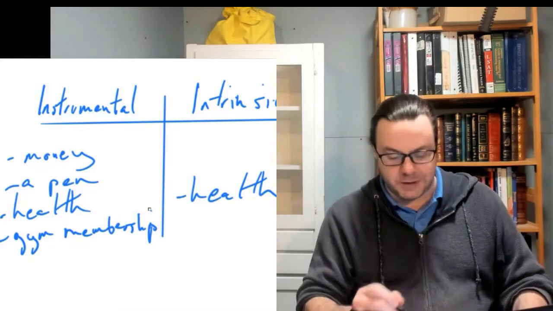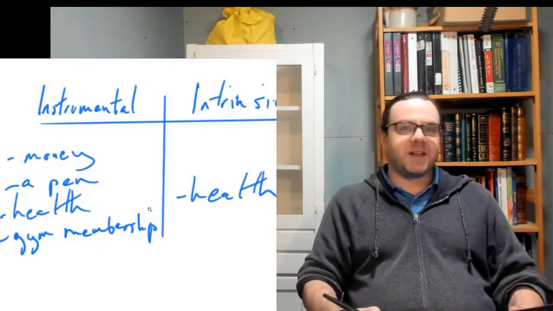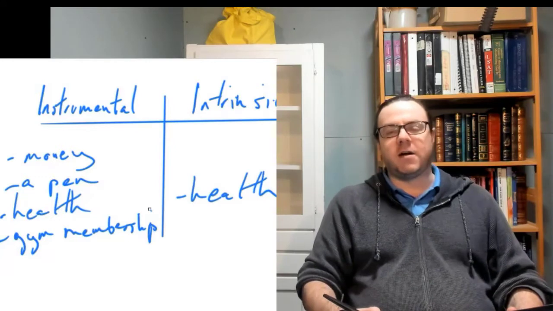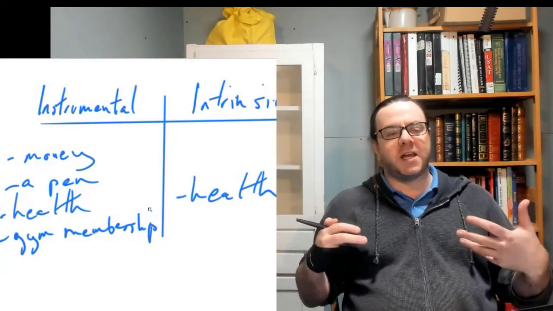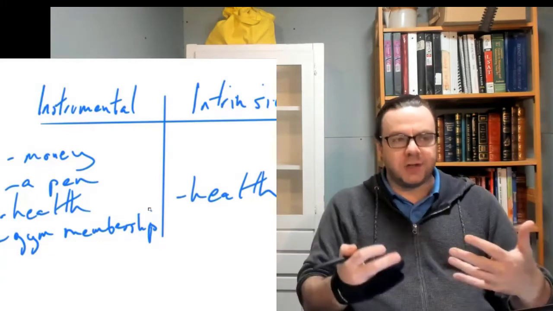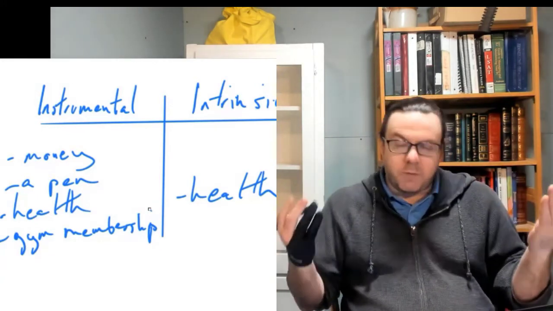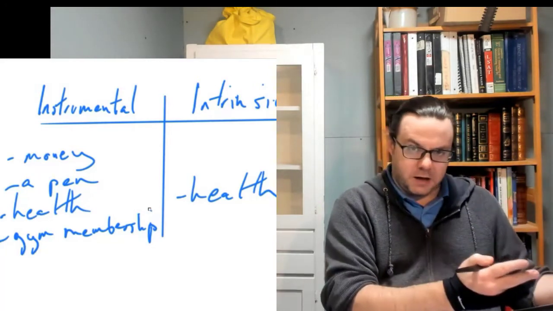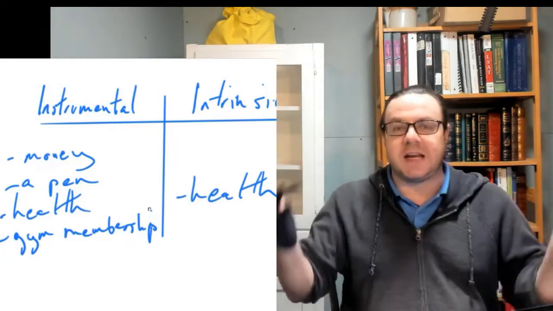You might not do it, but Aristotle's thinking is that the thing you really want is the health, right? So it's higher on a scale of what we actually want at the end of the day. What we want is health. We only want the gym membership because it gets us health. If it didn't help you get healthy, then there would be no point in having one, right?